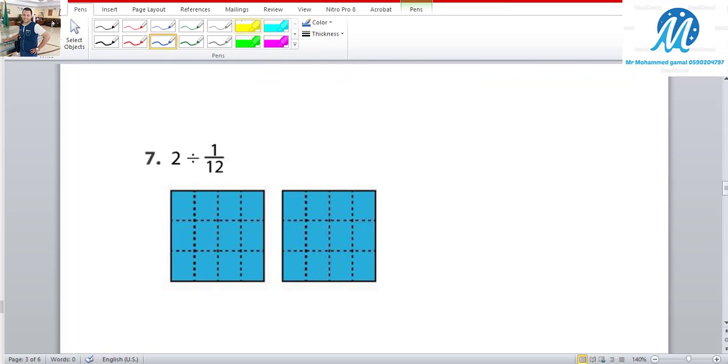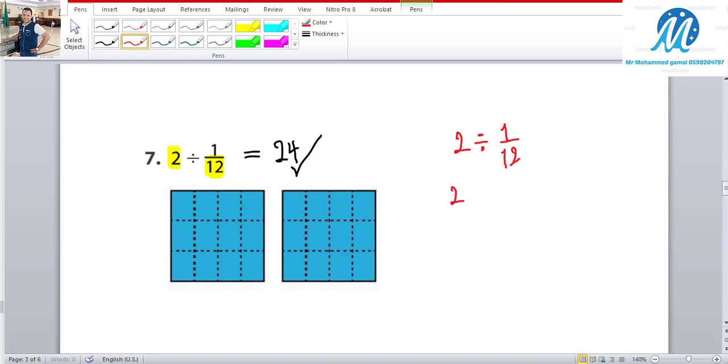For example, here, question 7, we have 2 divided by 1/12. So quick, teacher, we can just multiply 2 by 12. So the answer is 24. But the mathematical way, which you taught us, teacher, is 2 divided by 1/12.